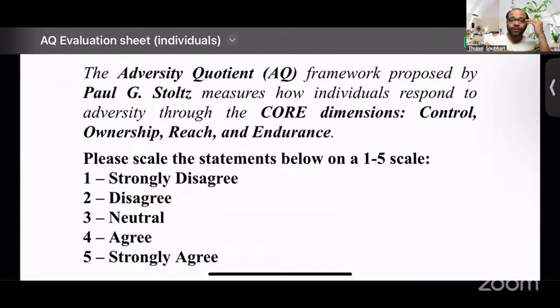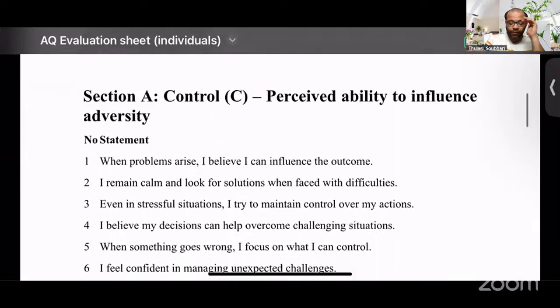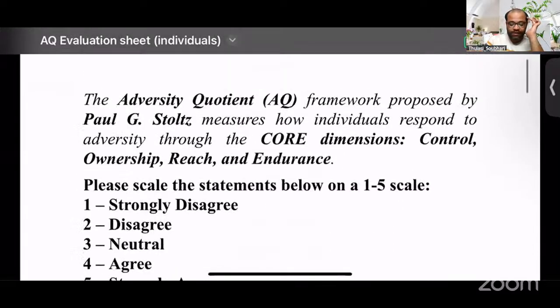Totally we have 30 questions, scaled on a 5-point scale. On the 5-point scale, 1 is strongly disagree, 2 is disagree, 3 is neutral, 4 is agree, and 5 is strongly agree. For those people who had any confusion, I'll tell you the first statement.